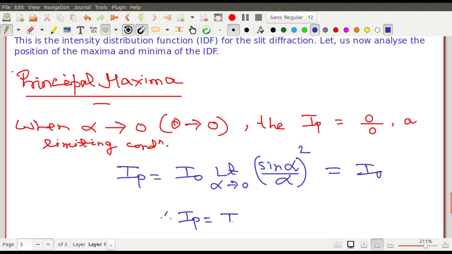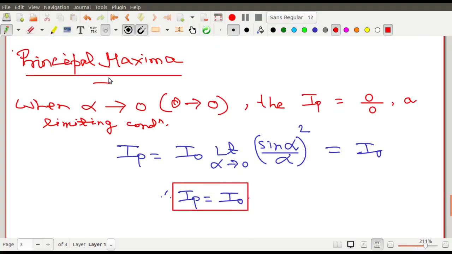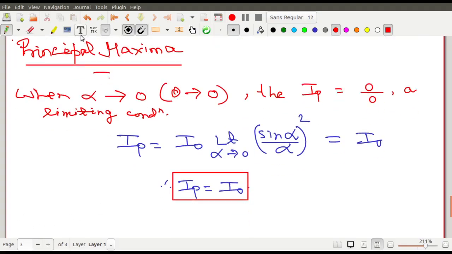Okay, and this is the maximum possible intensity in the system. So এটাই কিন্তু সিস্টেমের maximum possible intensity, because you see that there is no dependence upon angle. So কোনো অ্যাঙ্গেলের উপর কিন্তু কোনো ডিপেন্ডেন্স এখানেতে নেই। This is the central maxima or the principal maxima, right, of maximum intensity.